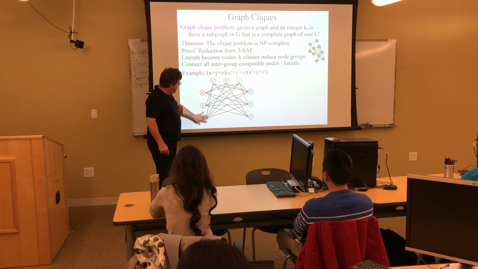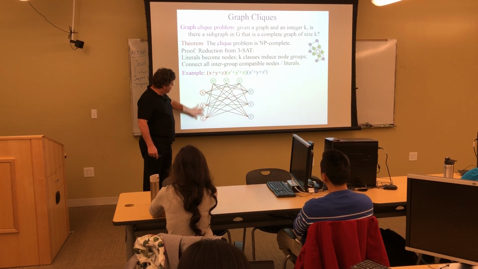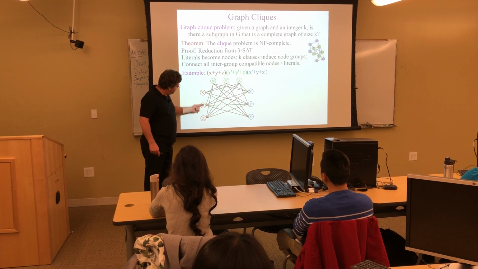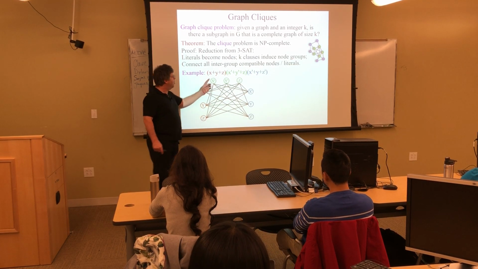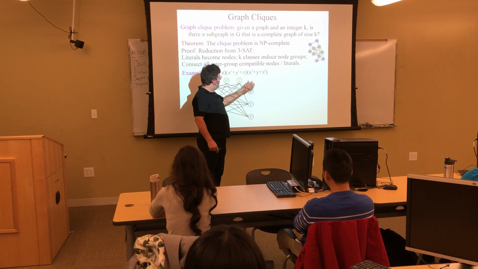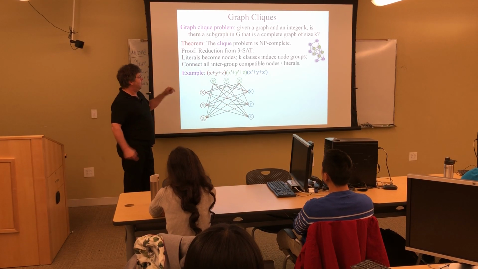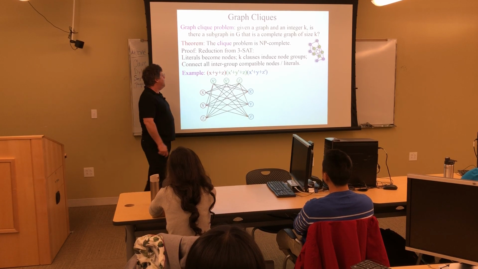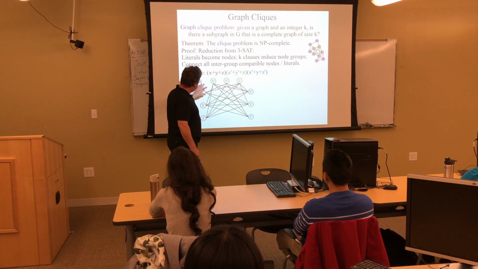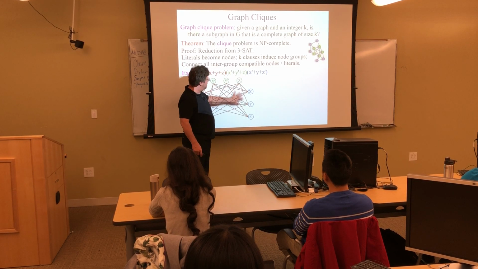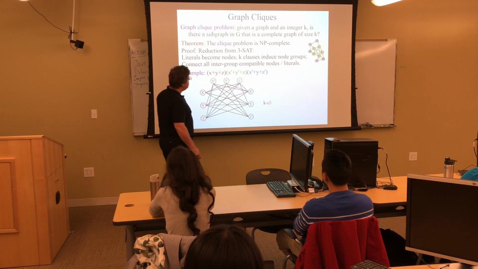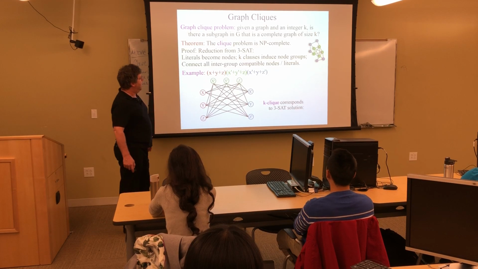Notice that in the red group of nodes here, no red node is connected to any other red node. No green node is connected to any other green node. Every colored node is connected only to nodes not of the same color as itself. So if you have a triplet, a variable from this group, a variable from this group, and a variable from this group, it would correspond to a satisfying assignment.